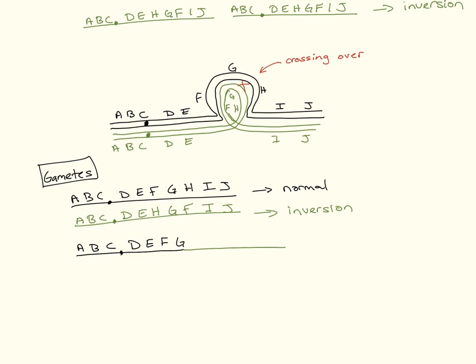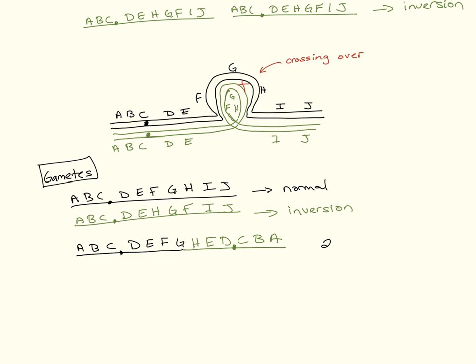And so from G, we went H, E, D, C, B, A, with another centromere there. So look at this chromatid, this chromosome that ended up in one of the gametes.